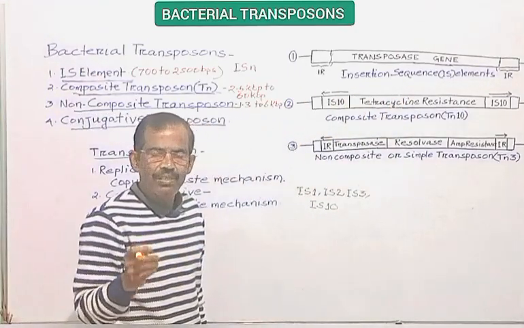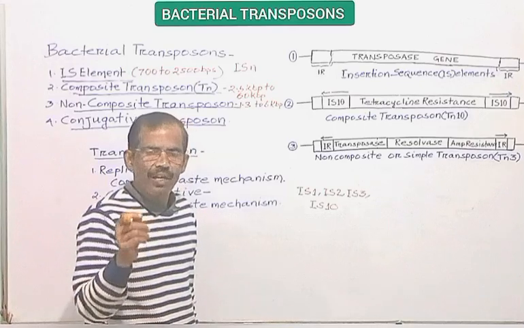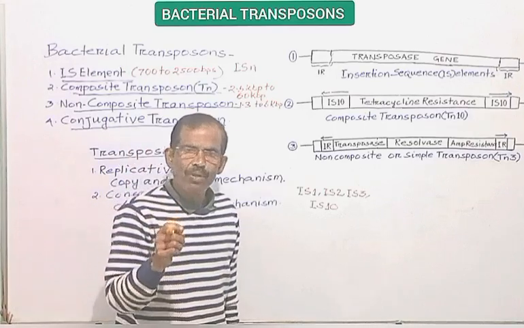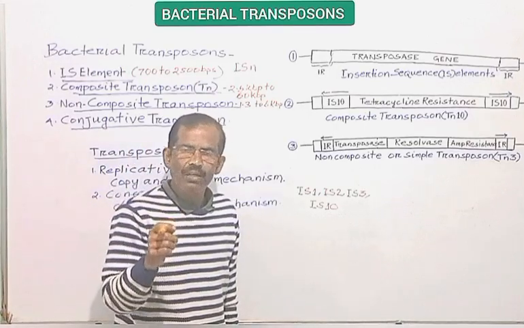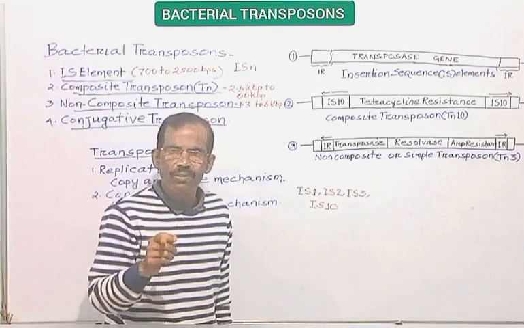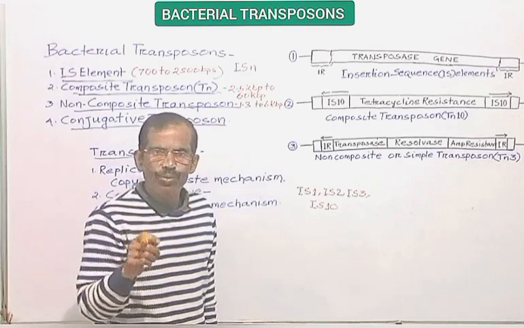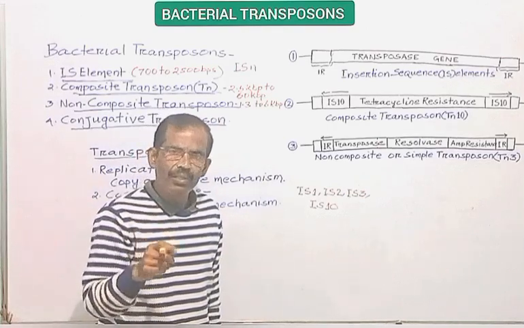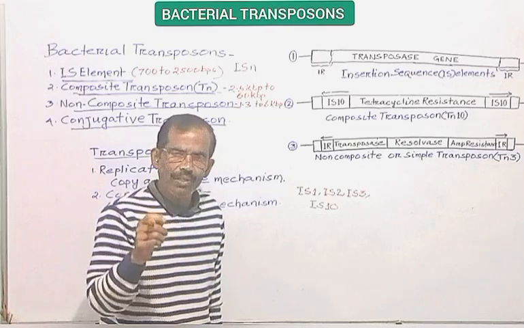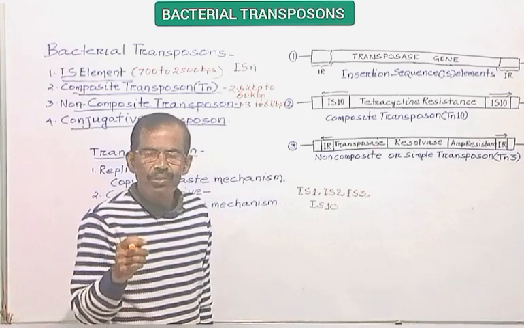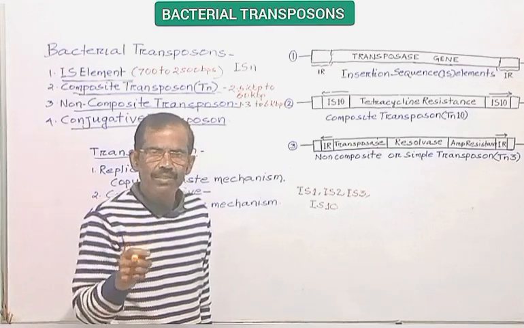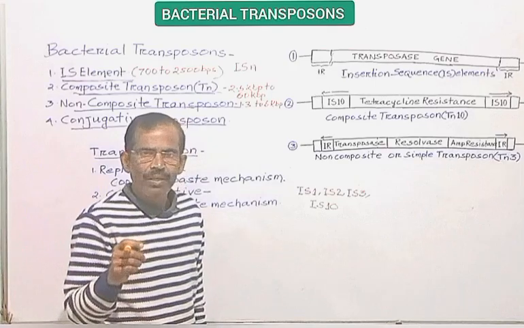Insertion sequences have 2 major characteristics. Number 1, they are small relative to other transposons. And number 2, they carry only the gene for the protein transposase, which is implicated in transposition.